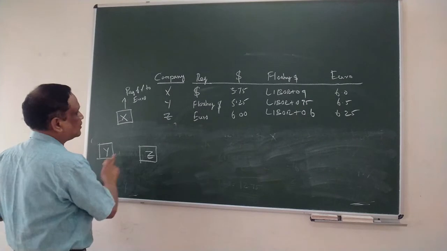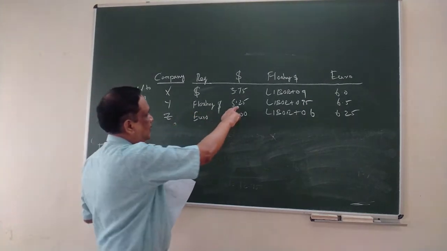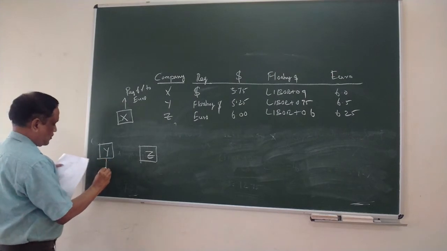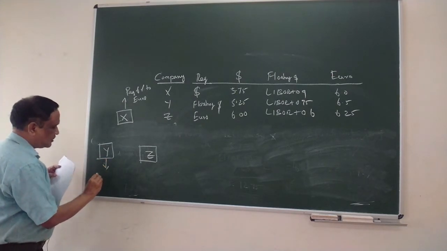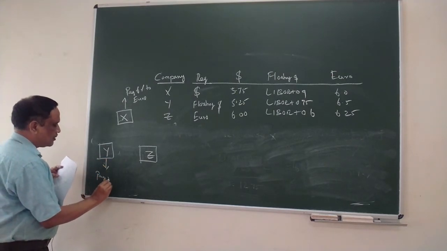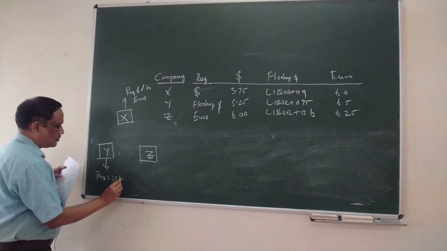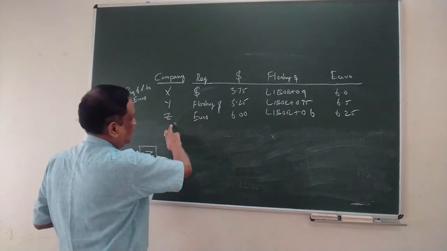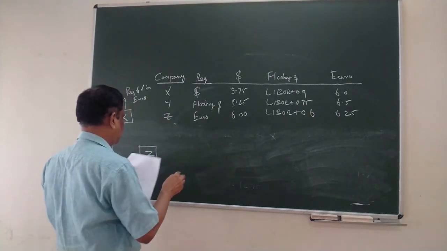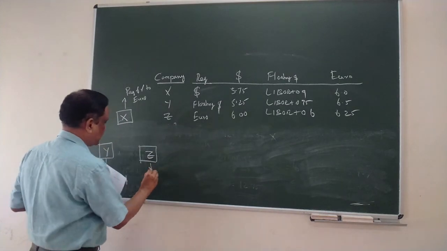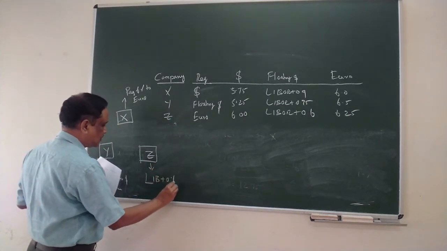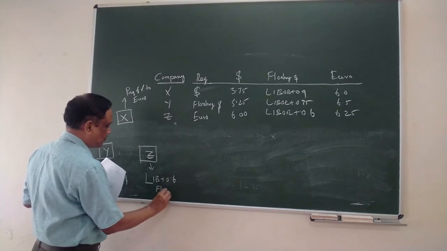Y has the lowest in dollar, so Y pays 5.25% on the dollar loan, and Z will pay LIBOR plus 0.6 on the floating loan.